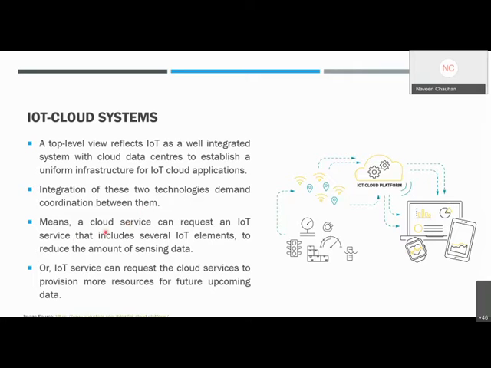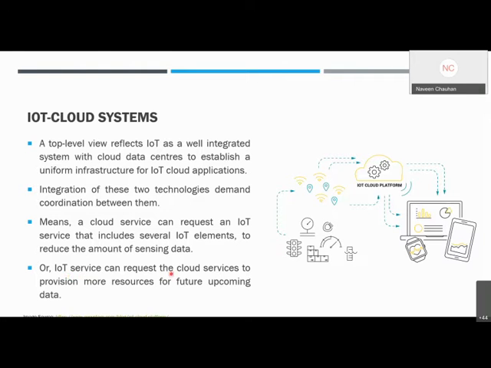So this means a cloud service can request an IoT service that includes several IoT elements to reduce the amount of sensing data. So if more than one device is sensing the same data, then you can use the number of devices which are sensing this particular data, and accordingly you can take these decisions very easily.